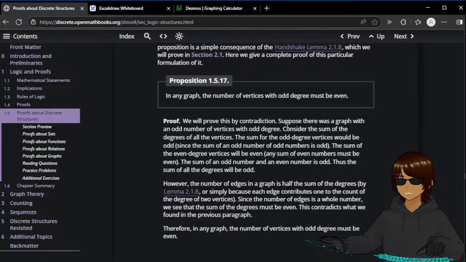So suppose there was a graph with an odd number of vertices with odd degrees. The sum for the even degree vertices will be even. Any sum of even numbers must be even. The sum of an odd number and an even number is odd, thus the sum of all degrees will be odd.